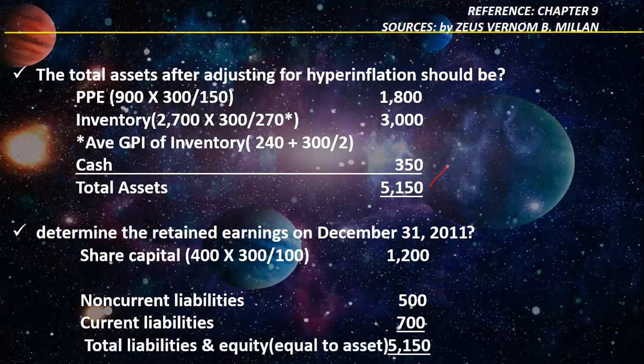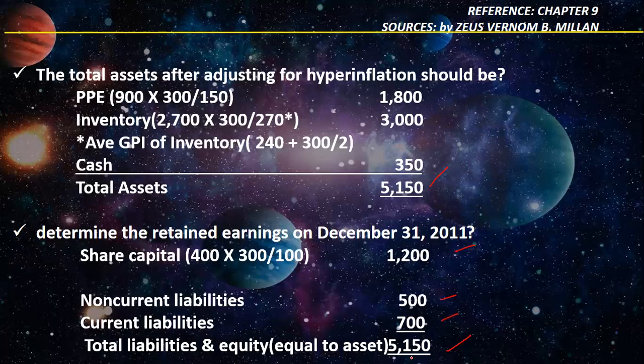So, we already computed the total assets. In the balance sheet, total assets is equal to total liabilities plus capital. So we just copy our total assets since we already computed it. Since we have share capital, non-current liabilities of 500, and current liabilities of 700, what is lacking to come up with the 5,150?